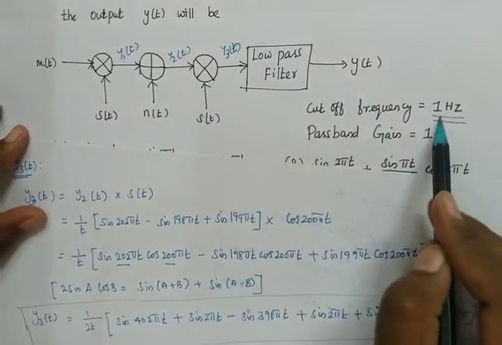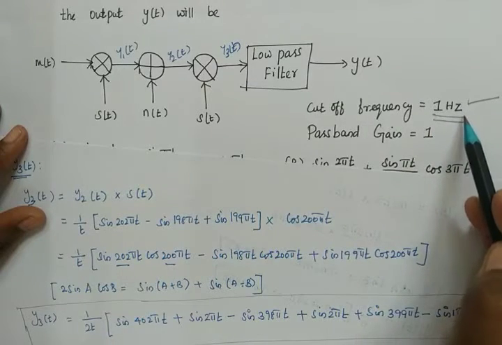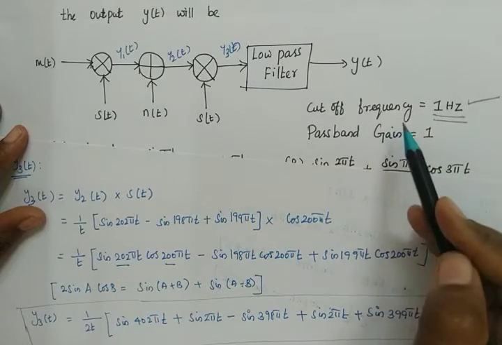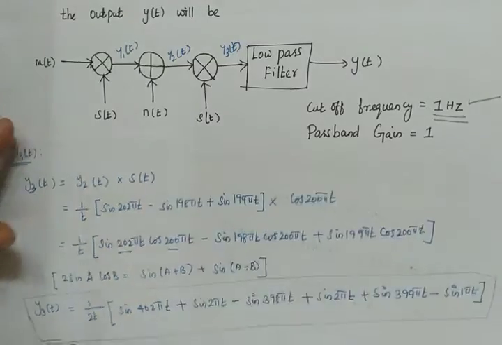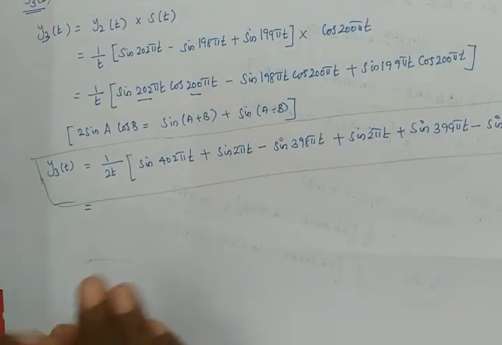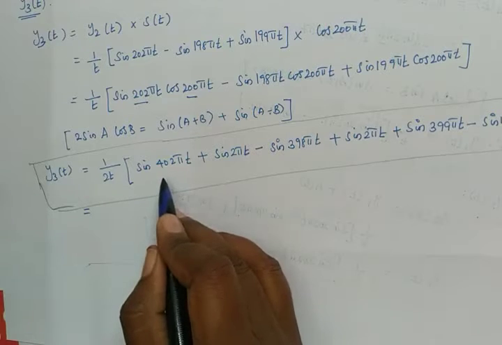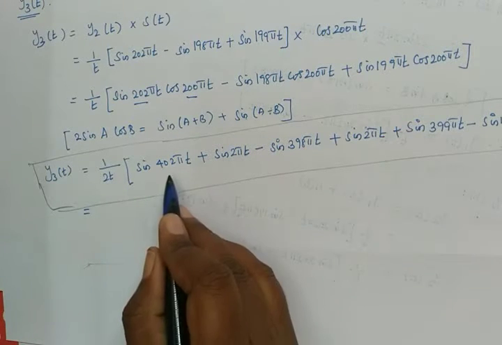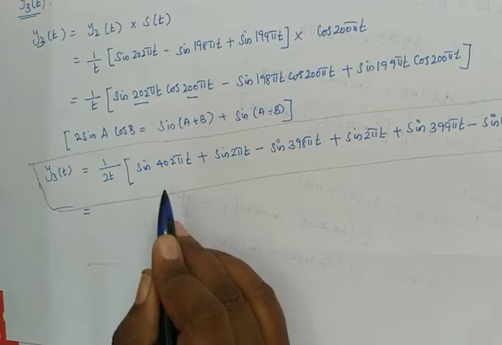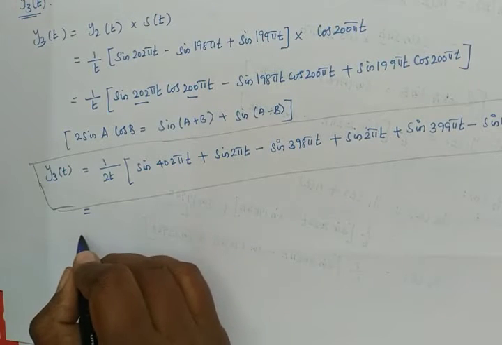What is the cutoff frequency given here? The cutoff frequency given here is 1 Hertz, so it will allow only the frequency which is less than 1 Hertz. Now let us see here. We have y3 of t equal to 1 by 2t sine 402. If you divide 402 by 2, we will get 201.